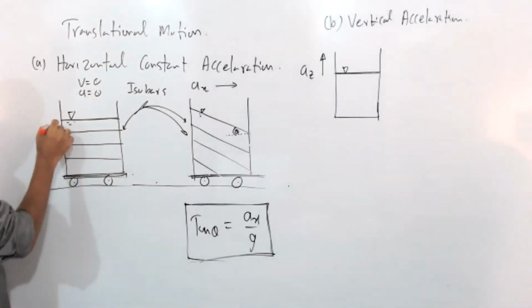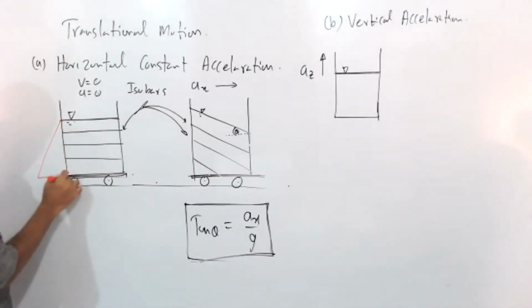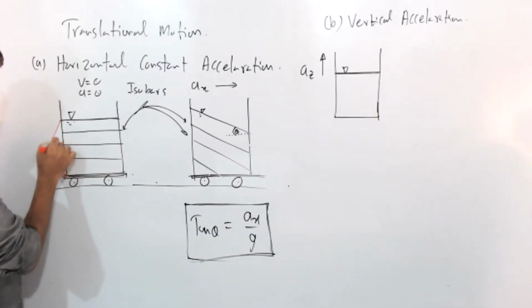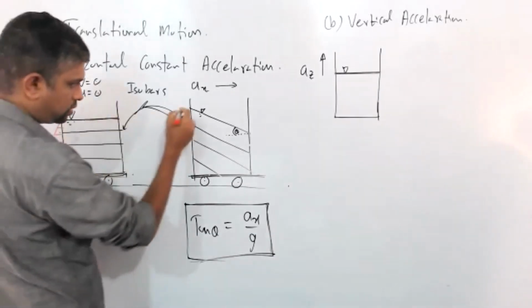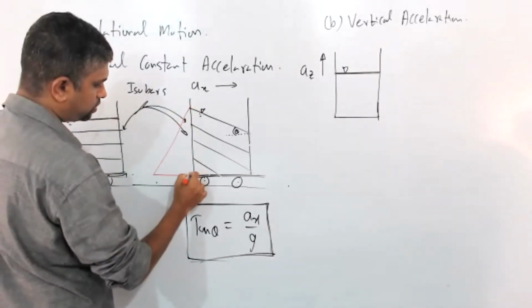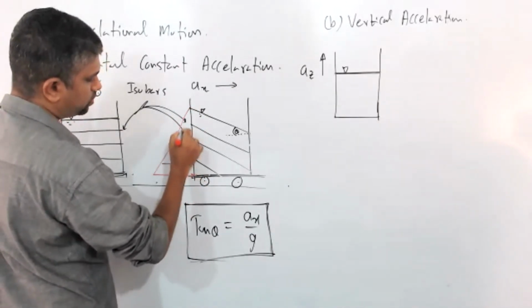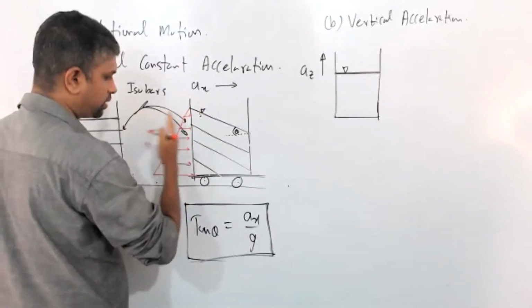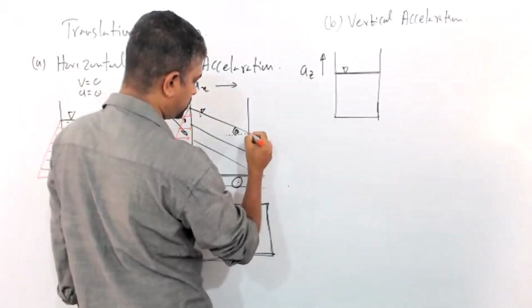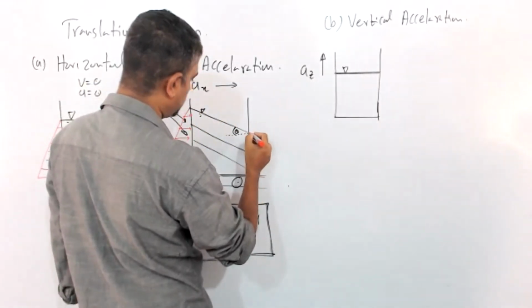This will be the pressure distribution on the wall. Now this is the new pressure distribution of this side, the back side, and this is the pressure distribution of the front side.